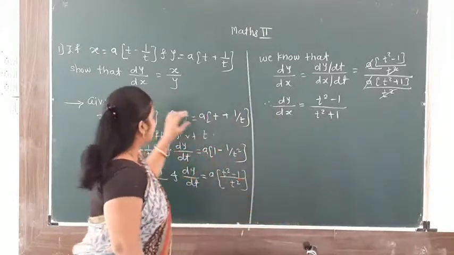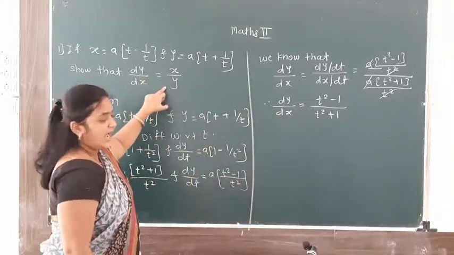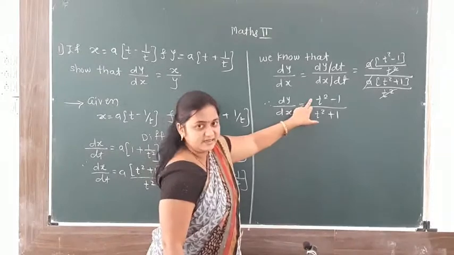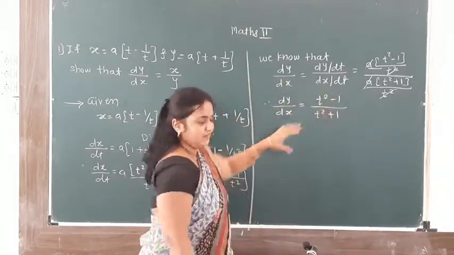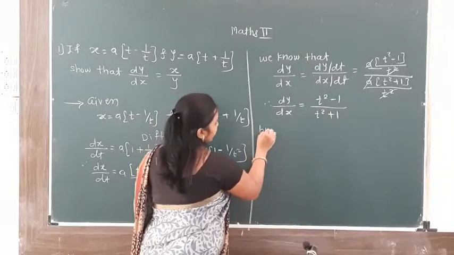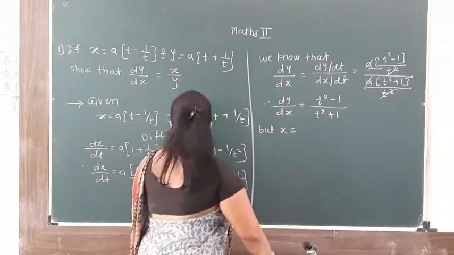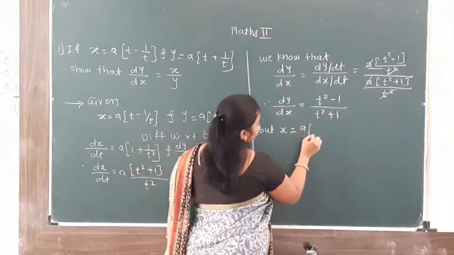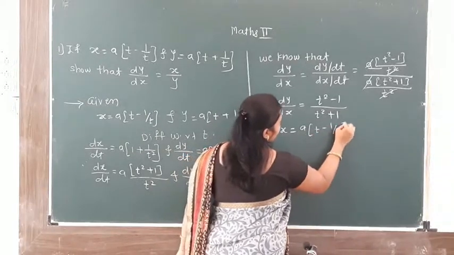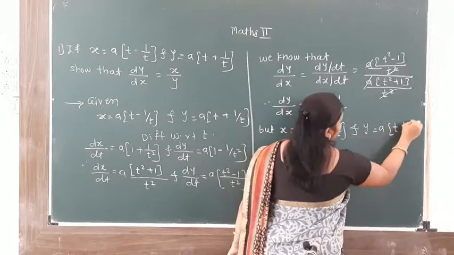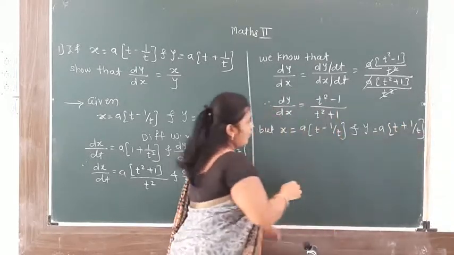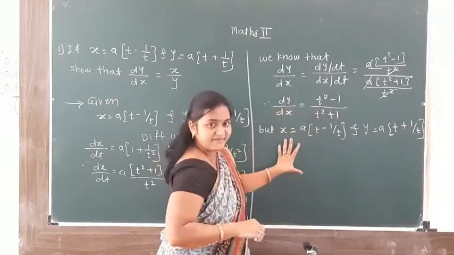But I want the answer in terms of x and y, and here the answer is coming in terms of t. So this t term must be replaced by x and y terms. What is given here? x is a(t - 1/t) and y is a(t + 1/t). So I want this in terms of x and y.